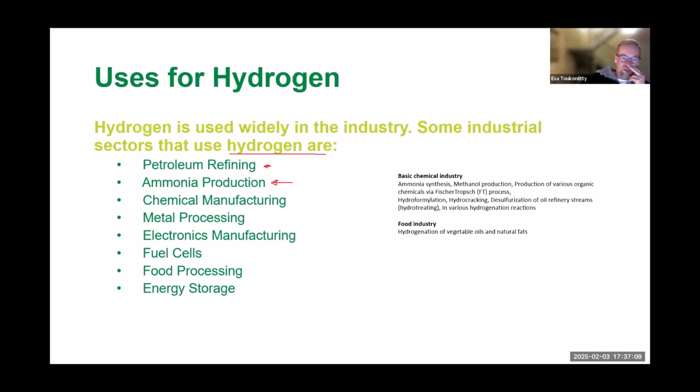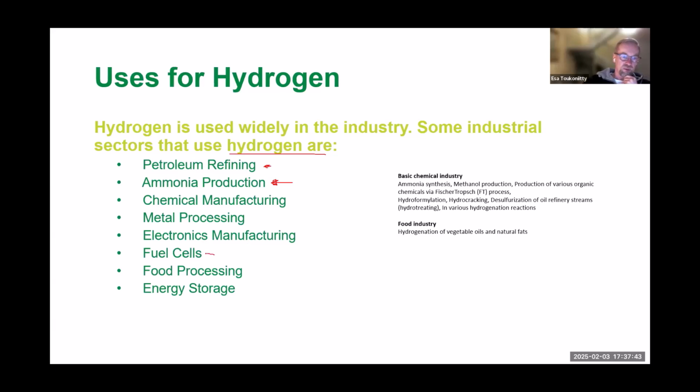A key ingredient, which we already checked last time, is the Haber-Bosch ammonia production process, which utilizes hydrogen as the raw material in addition to nitrogen. Then there is general chemical manufacturing, where hydrogen is used in various different processes. Then metal processing and manufacturing utilizes hydrogen. It can also be used in electronics production.